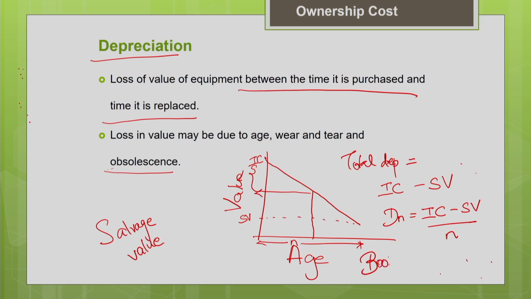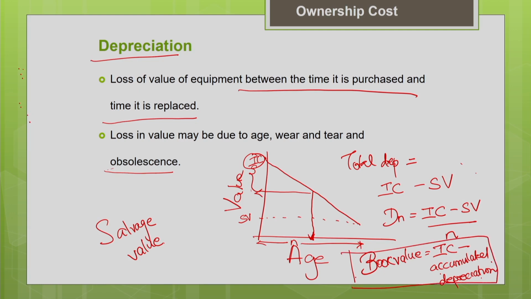So book value is nothing but your initial cost minus the accumulated depreciation till that particular period. If you want to know the current value of the asset at this age, then with the initial cost and the accumulated depreciation over this period, you can find the book value.